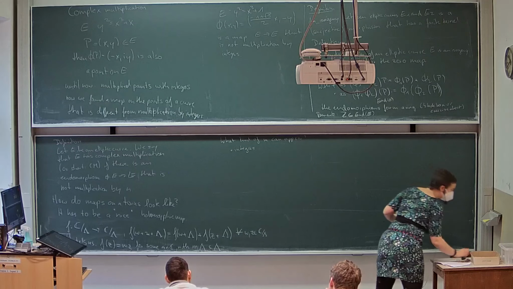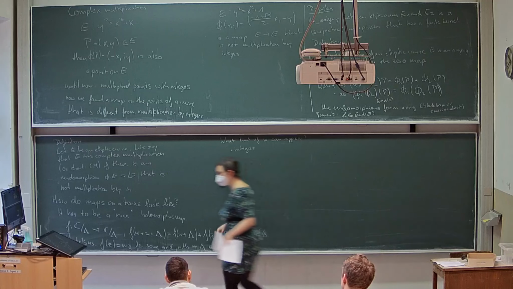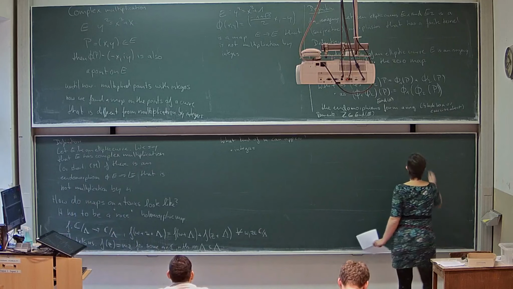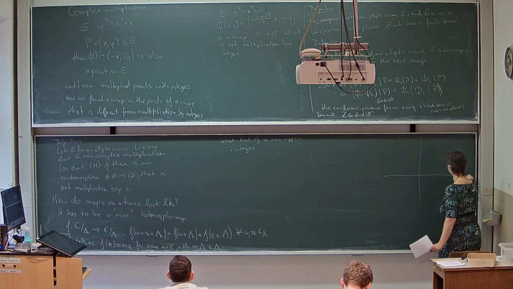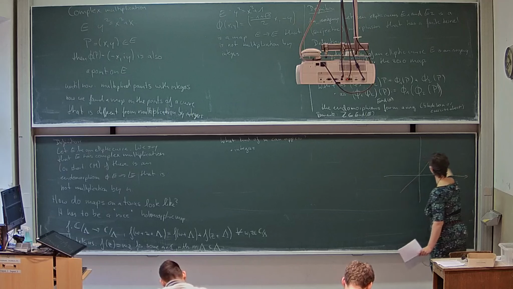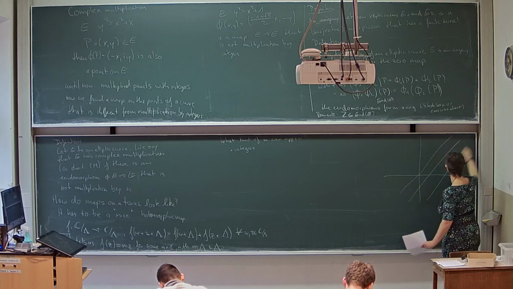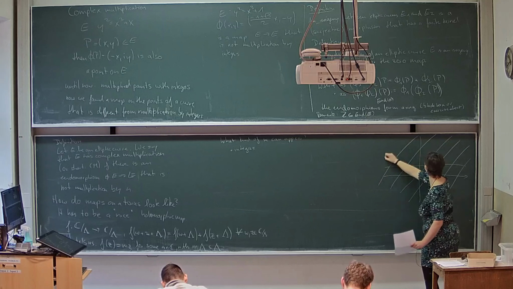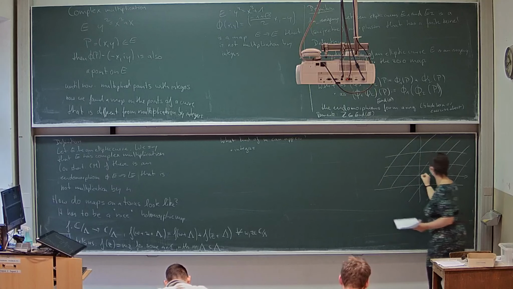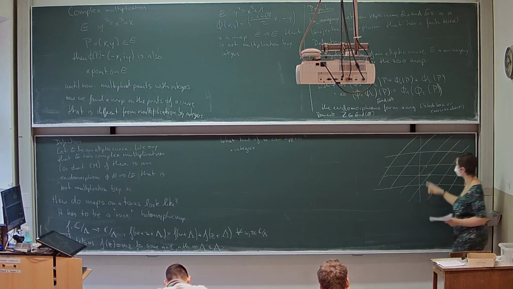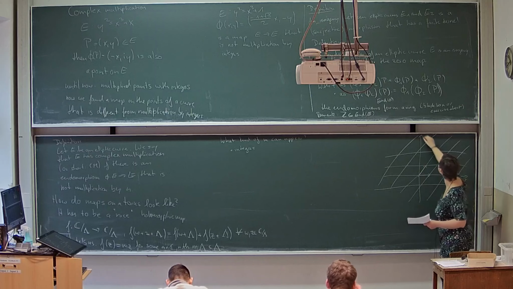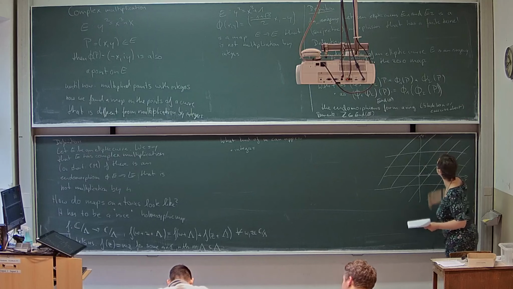So if we just draw the lattice, so these are our kind of base vectors, x and y axis, or imaginary axis. Then, of course, we can multiply by integers.